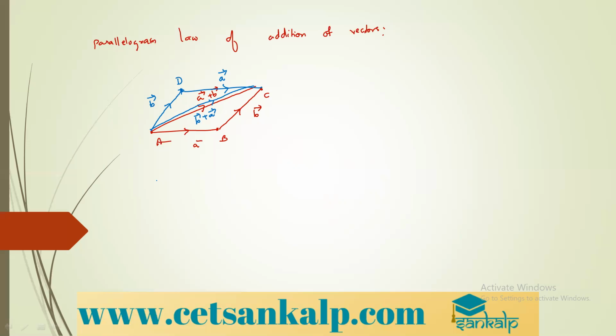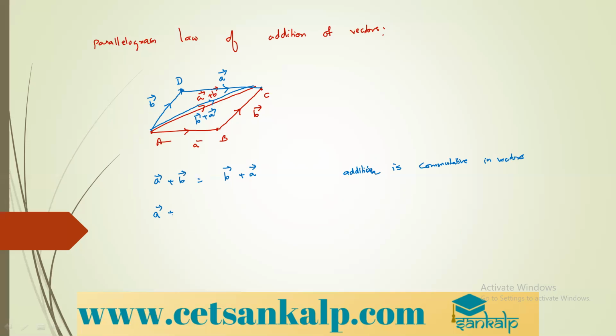That means vector A plus vector B is the same as vector B plus vector A. This is called the parallelogram law of addition of vectors. And we can also say addition is commutative in vectors.